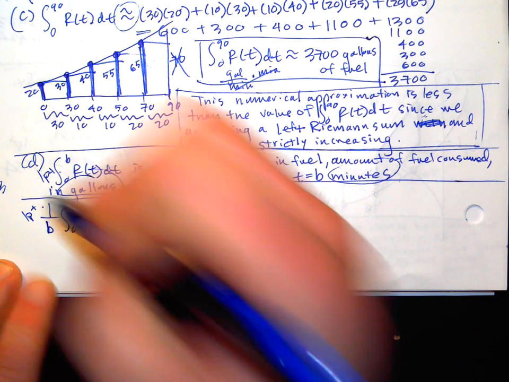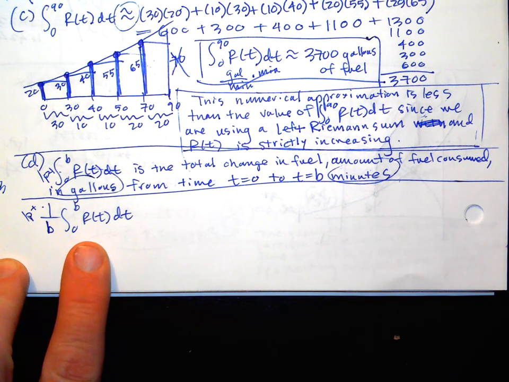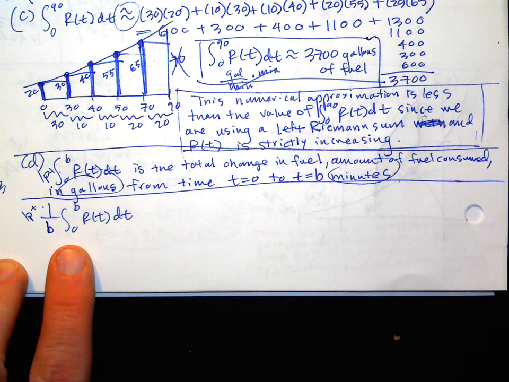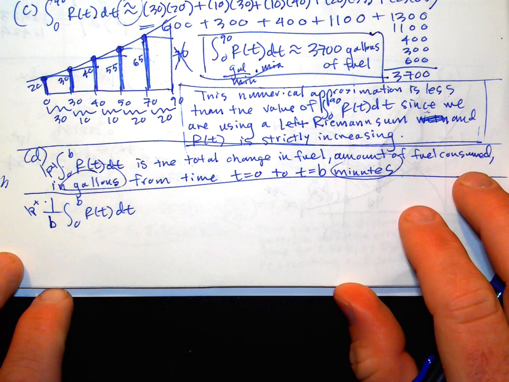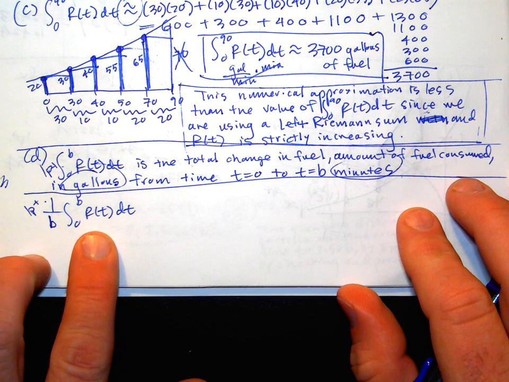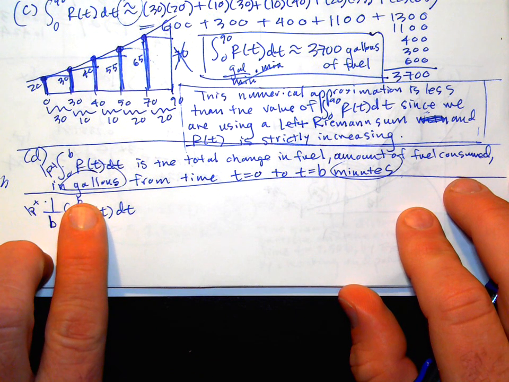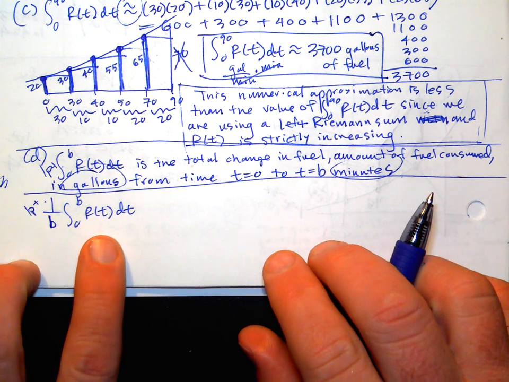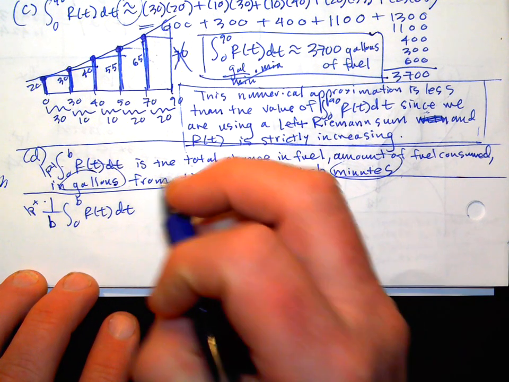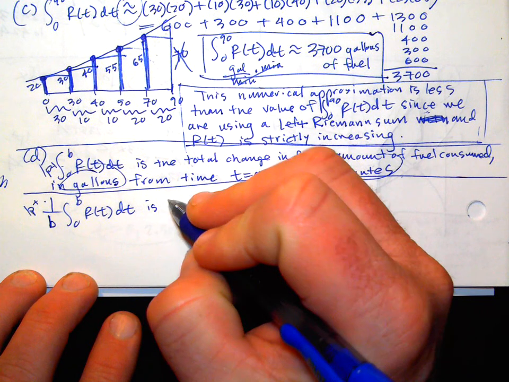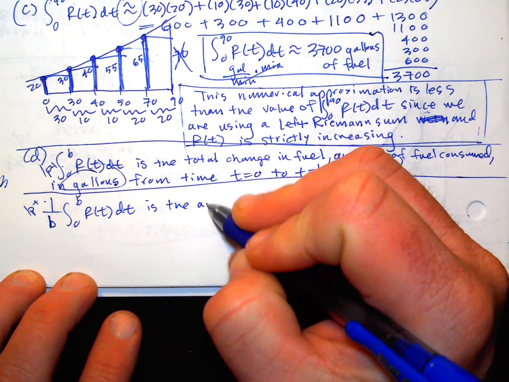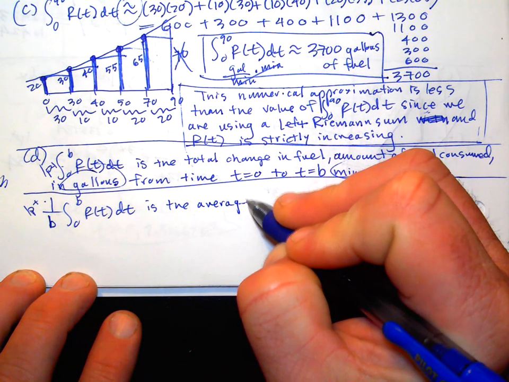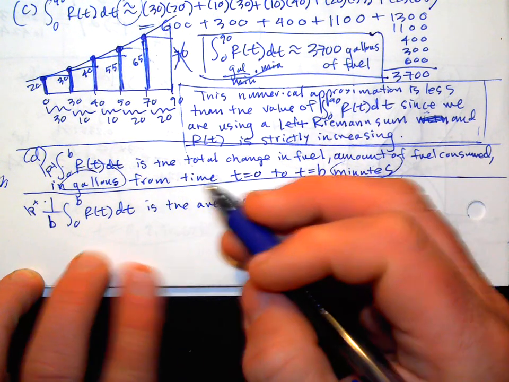Now, when you see this, that should make you think of something. You should be like, oh man, that kind of looks like mean value theorem, doesn't it? You integrate something from 0 to b, smooth it out, divide by the base of the rectangle, gives you the height of the rectangle. That's what this is. This is mean value theorem. This is the average R. What is R?